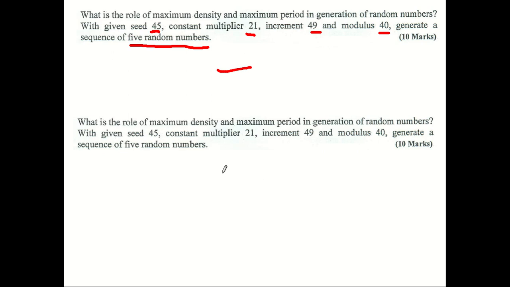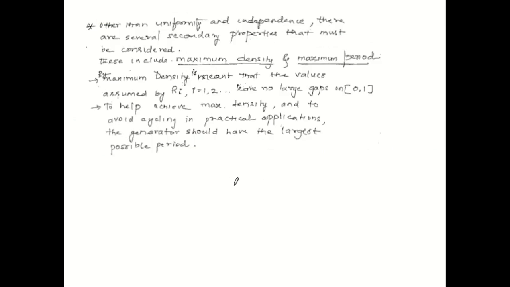In the next section we shall discuss two other random number properties. Other than uniformity and independence, there are several secondary properties that must be considered: maximum density and maximum period.